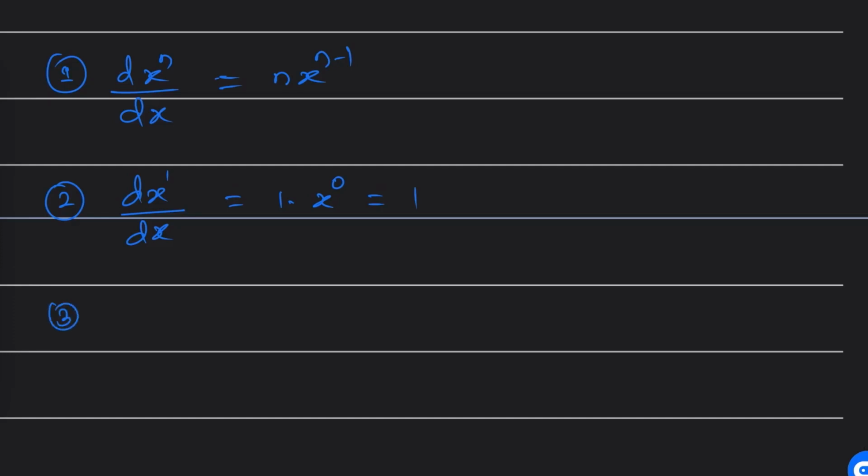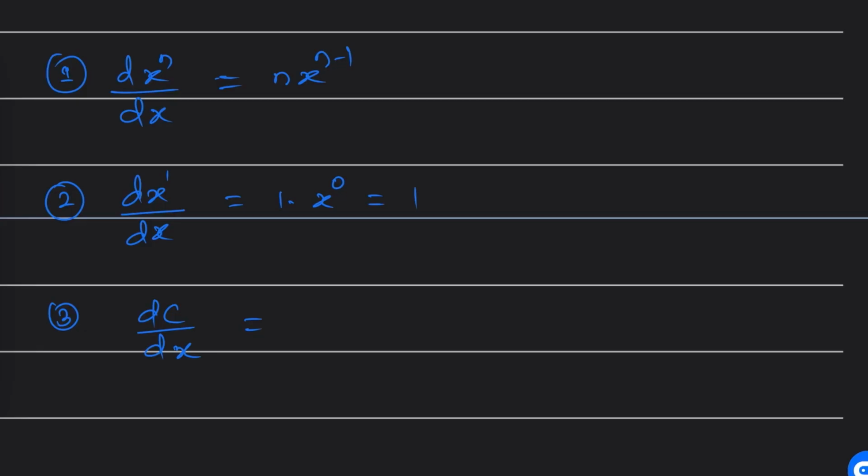The third formula is, if I'm writing differentiation of a constant c with respect to x, sir, what is a constant? How will we understand whether it is constant or not? Sir, if the function does not depend on x, then the entire function is constant. Wherever x is not present, that is called a constant.